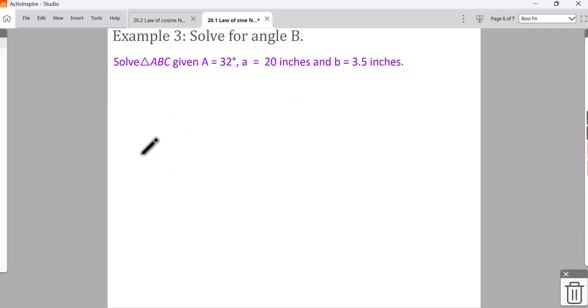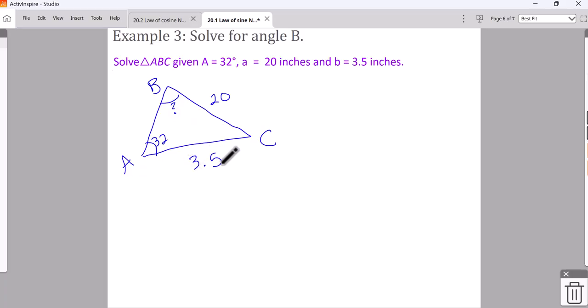All right, so we have another triangle, ABC. Angle A is 32, side a is 20, angle B is what we don't know and what we're solving for, and 3.5 is that side length.